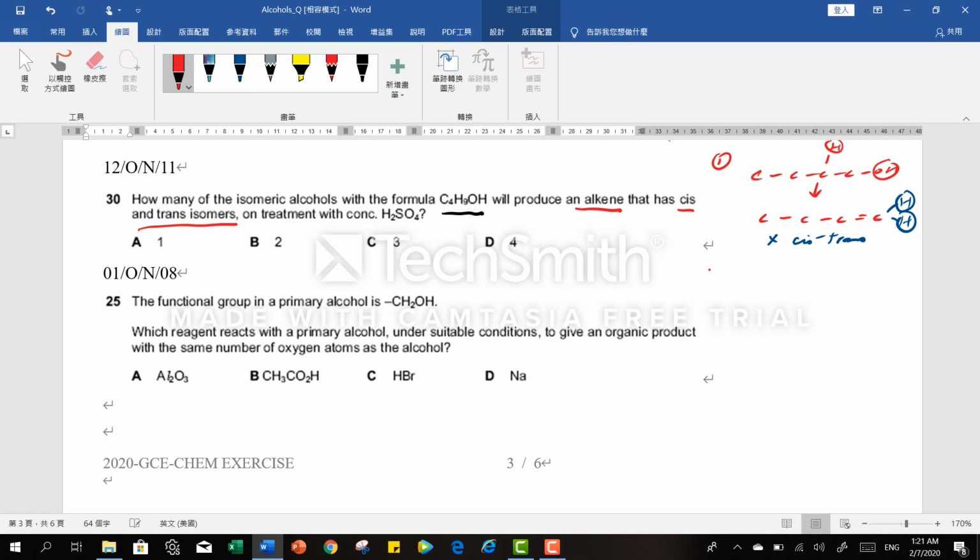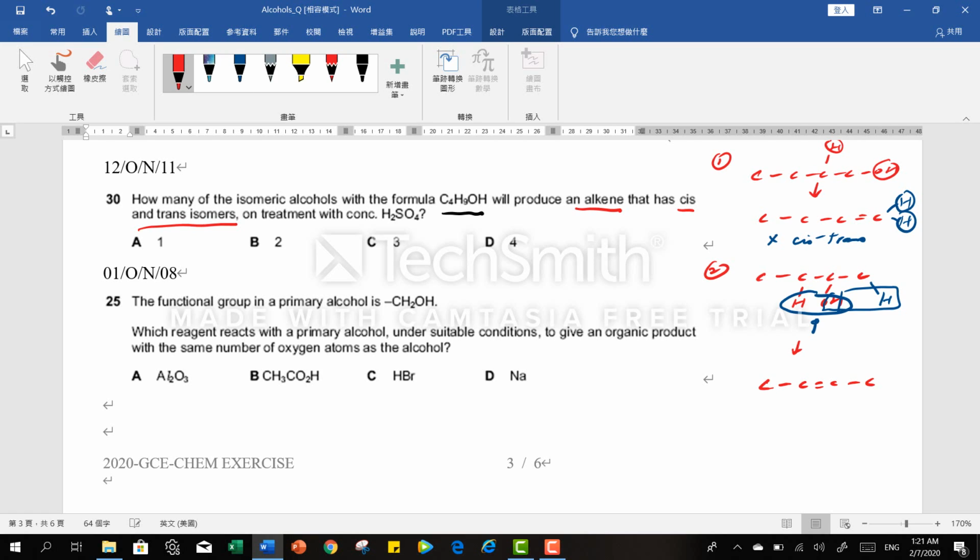Then we go to other possibilities. For the second one, you may change the OH here. When we undergo dehydration, you can remove the OH here. Of course, you can also remove from here, but if you focus on the middle one, then you will get this one.